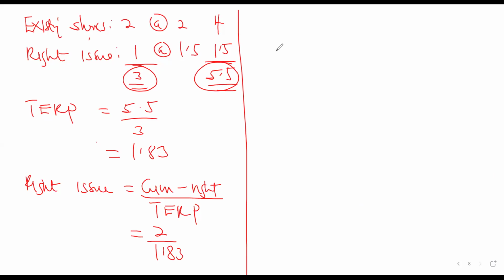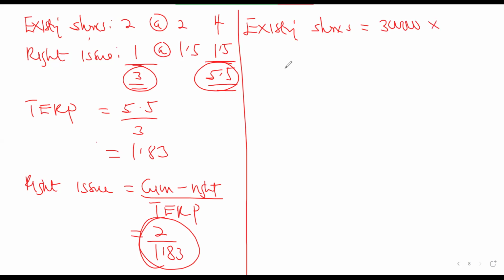Okay. So for you to find a bonus issue element, this is what we do. You come to your existing shares. You want to find the number on the existing shares, but this is going to be a problem for you. So I'll show you another way of doing this. You have your 300,000 shares multiplied by 2 over 1.83.